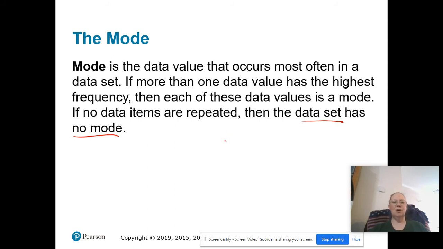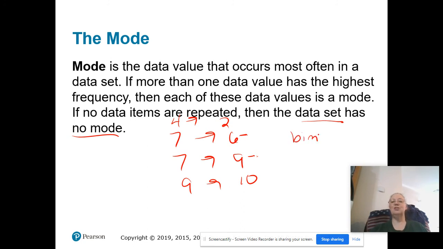We can actually talk about, let's suppose that there are 7 6s, and then there are 7 9s, but there's only 4 of the 2s and 9 of the 10s, whatever. Notice I have the same number of 6s as I do 9s. When we have this situation where we have an equal number like this, we call it bimodal.